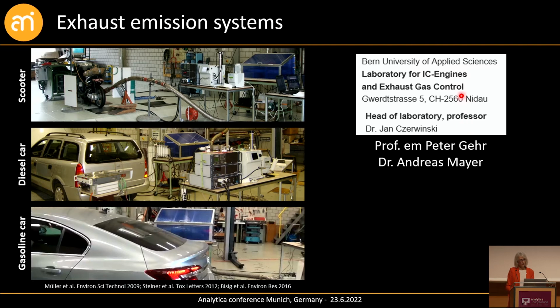Professor Czerwinski retired in 2019, so the collaboration stopped, and I'm really thankful that I can now continue this work in the ULTRAS consortium, because I really need the expertise from the exhaust people and the analytics, which I cannot do.